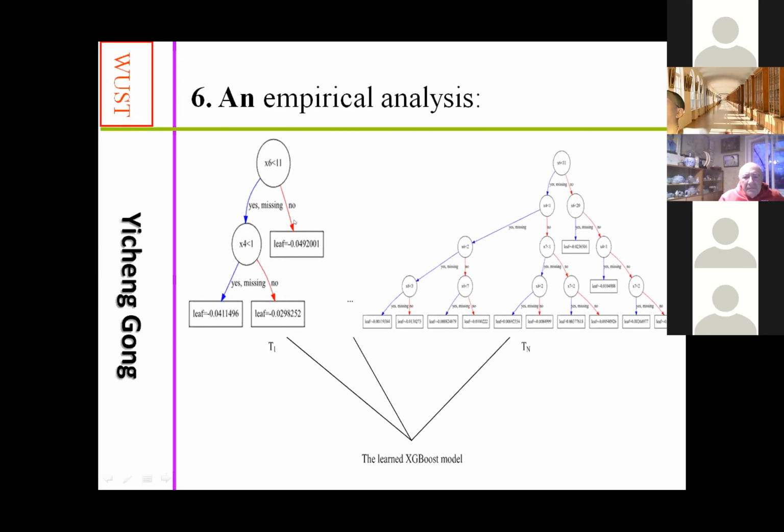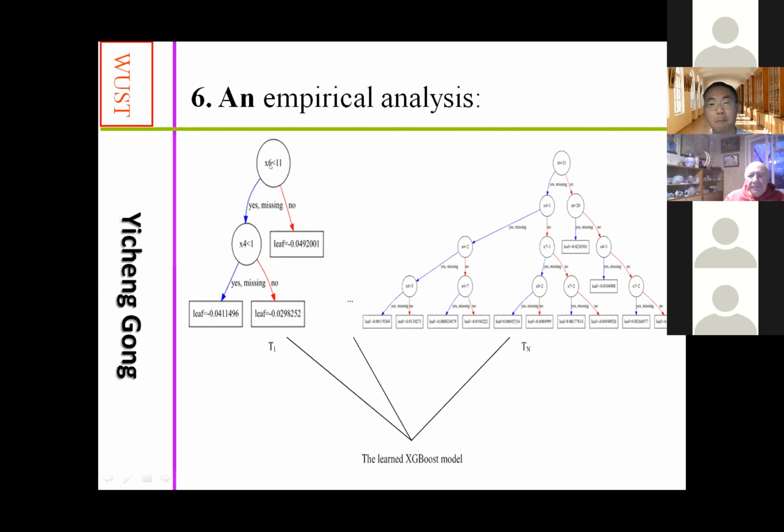It is a boosting model, and for example the first tree means the optimal splitting feature is x6.